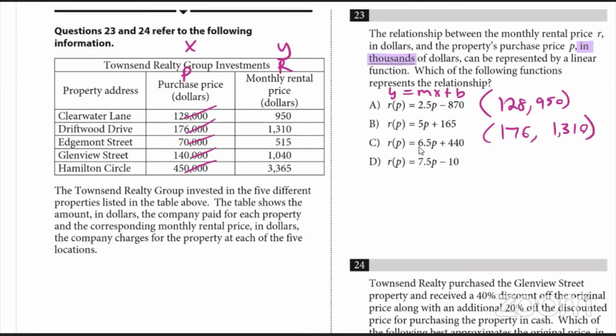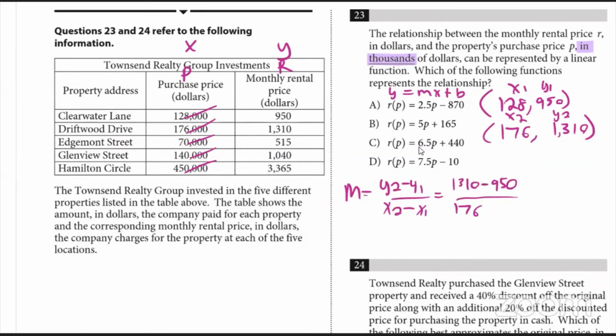So just getting the slope. Slope is y2 minus y1 over x2 minus x1. And so we can call this x1, y1, x2, y2. And so 1,310 minus 950 over 176 minus 128.